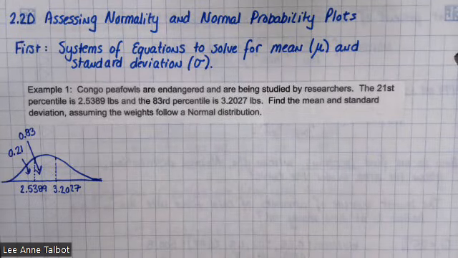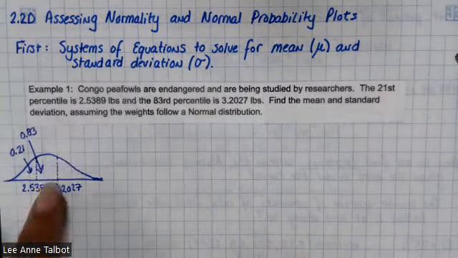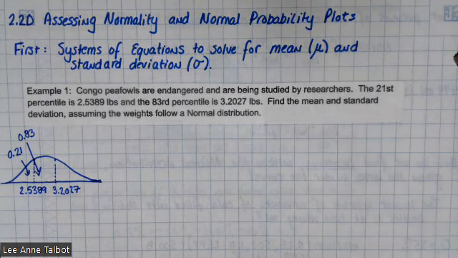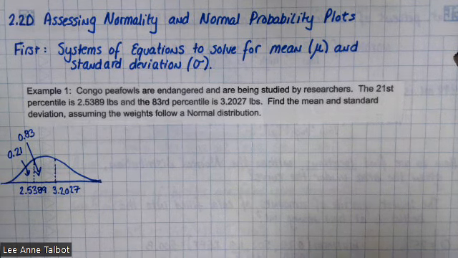And what we're going to do is figure out the mean and standard deviation of this. There is a formula that we use that has mean and standard deviation in it that we're going to use to help us solve. Does anybody know a formula with mean and standard deviation in it?